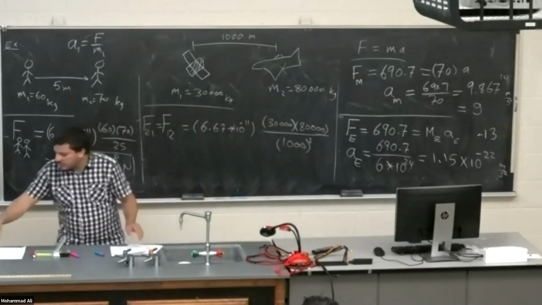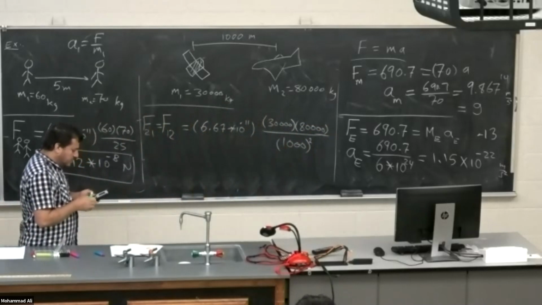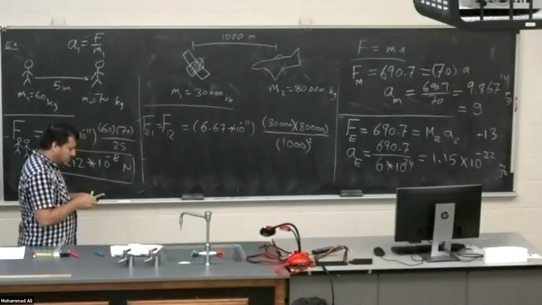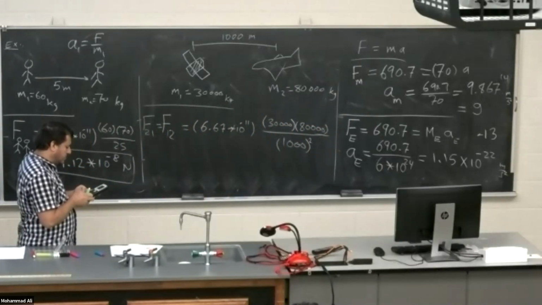Now again, repeat everything: 30,000 multiplied by 80,000, divided over 1,000 squared.